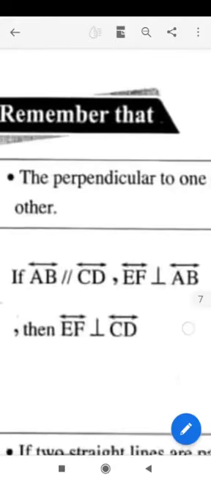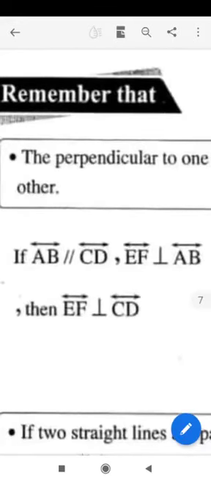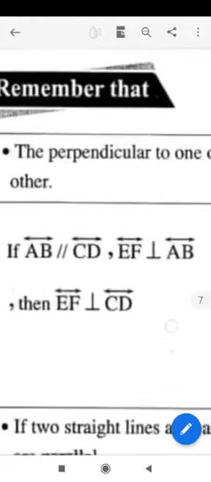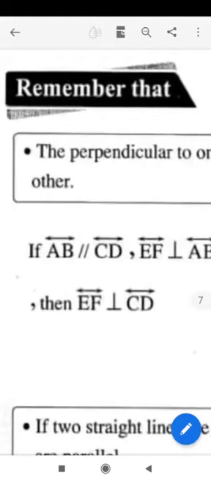If straight line AB is parallel to straight line CD, and straight line EF is perpendicular to straight line AB, then straight line EF will be perpendicular to straight line CD.